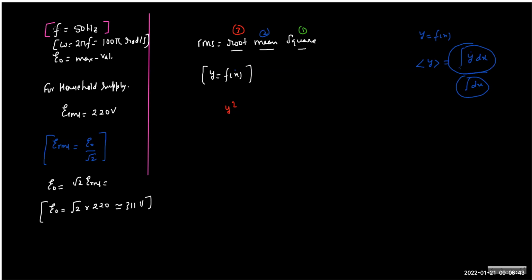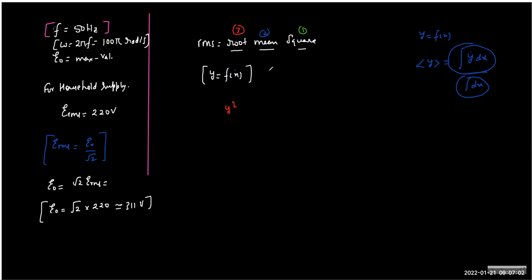When you divide the total area by the range, what you get is the average. So y may represent any physical quantity, and therefore we can define the average for any physical quantity, not only current or voltage. It could be anything.